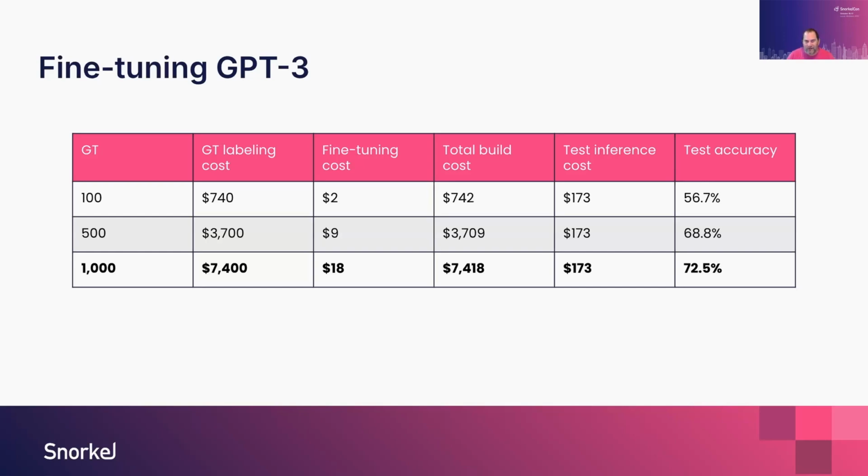The result here is a little over $7,400 spent on having an expert label ground truth data for us. And that resulted in 72.5% accuracy. So I'd say that's very good. We have good accuracy. The inference costs are essentially to run the test and validate it.